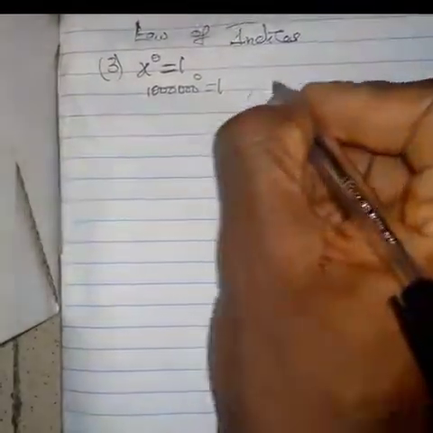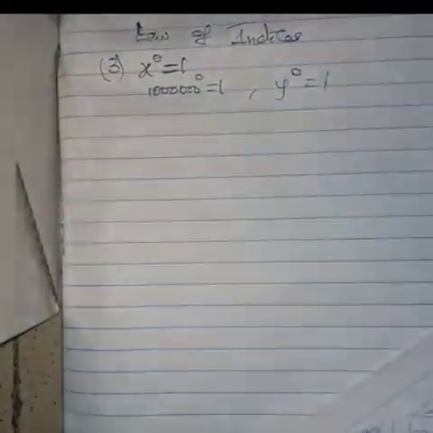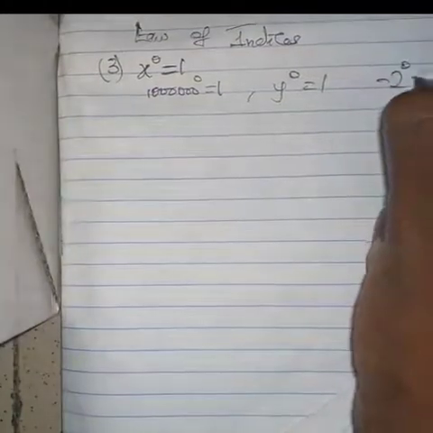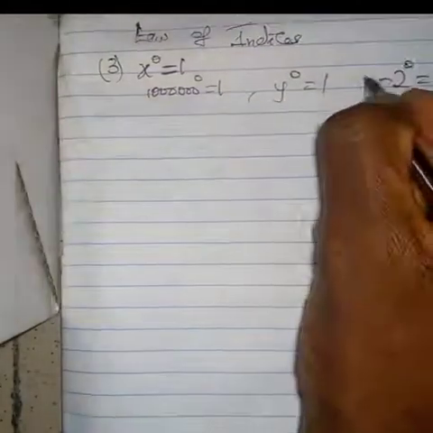Y raised to the power of 0 is 1. Minus 2 raised to the power of 0 is 1. Anything raised to the power of 0 is 1. So simple, right? As straightforward as that. That's law 3. Very, very simple.